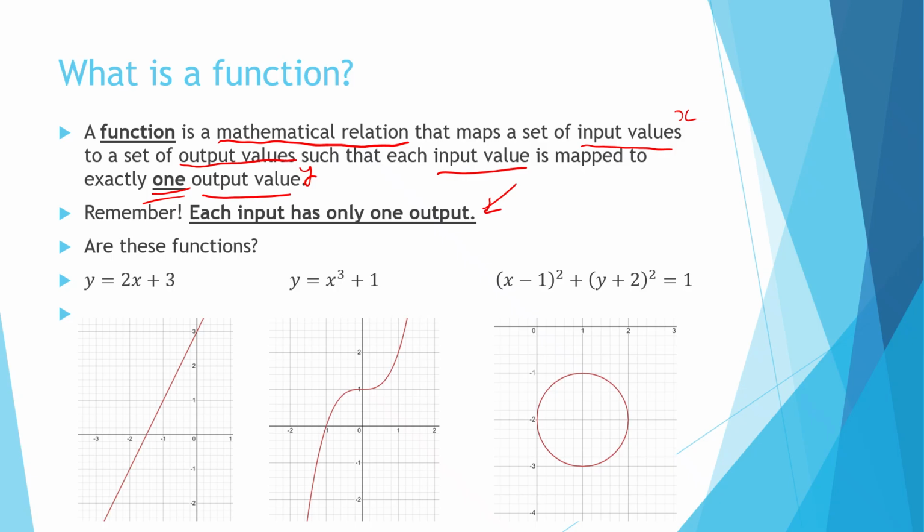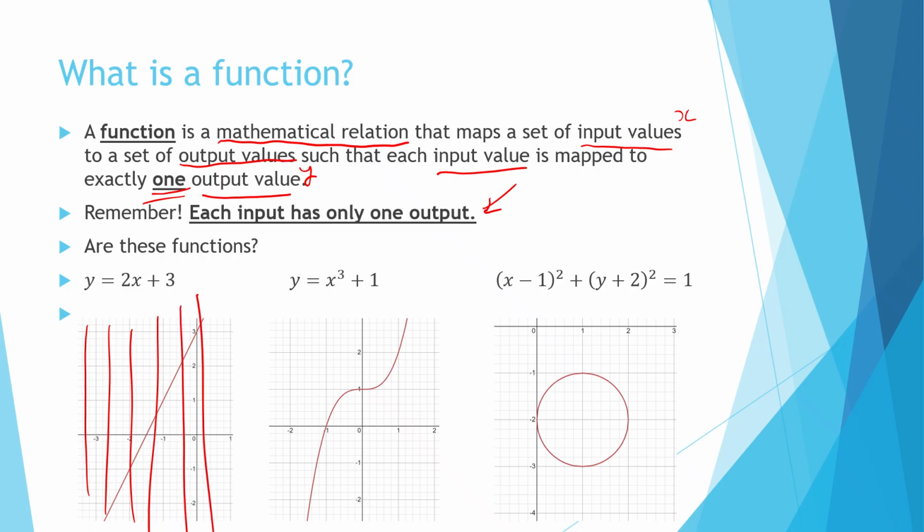Now, let's take a look at these three equations that I have graphed here. Are these functions? Let's go through them one by one. And to do this, we're going to use something that you may have learned in Algebra 1 or Algebra 2 called the vertical line test. Basically, we can draw a bunch of vertical lines, and as long as we don't see any given line intersect the equation at more than one place, which none of these do, then this will pass the vertical line test.